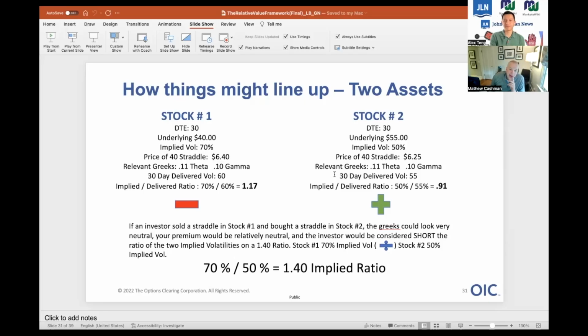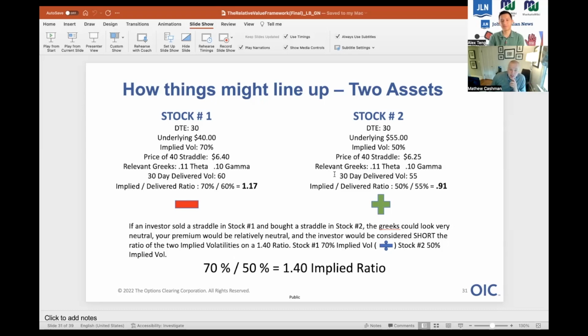The way that a relative value trader is going to look at this, generally speaking, is they're going to look at the stock on the left, stock one, and they're going to say the implied delivered ratio is a 117. That means that the implied vol is 117% of the delivered vol over the same amount of time.